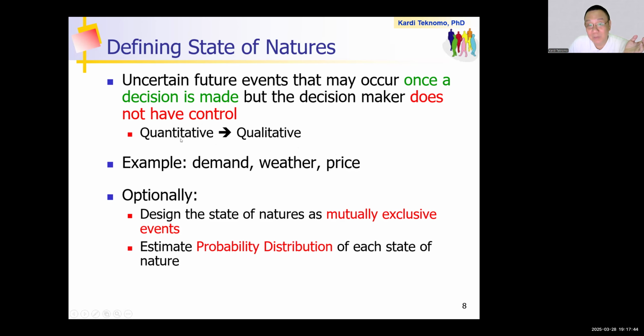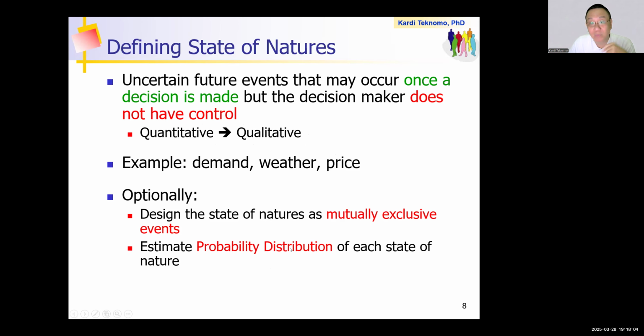These are quantitative measures that you can put into qualitative terms. You design the states of nature to be mutually exclusive events. Yes, you can also estimate the probability distribution of each state of nature. But at this point, you don't need to. In decision under uncertainty, you don't need to compute the probability distribution. That is in decision under risk.